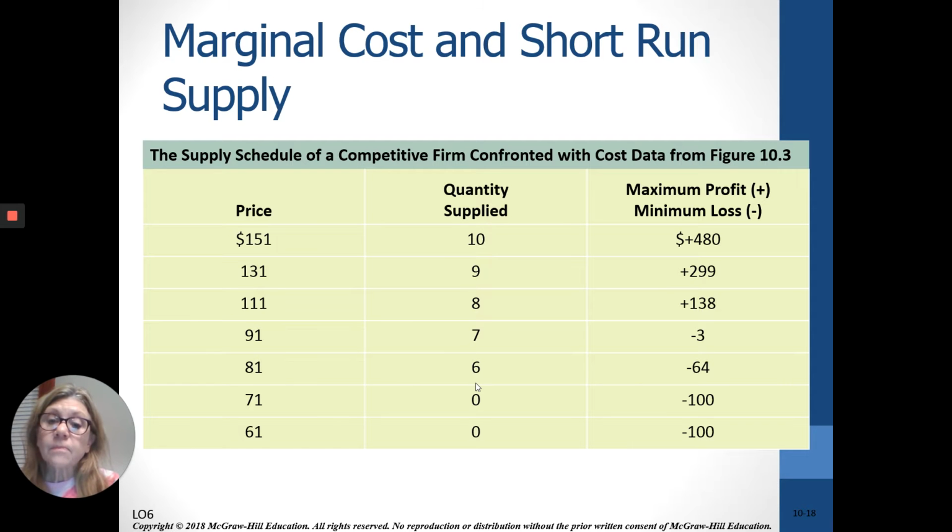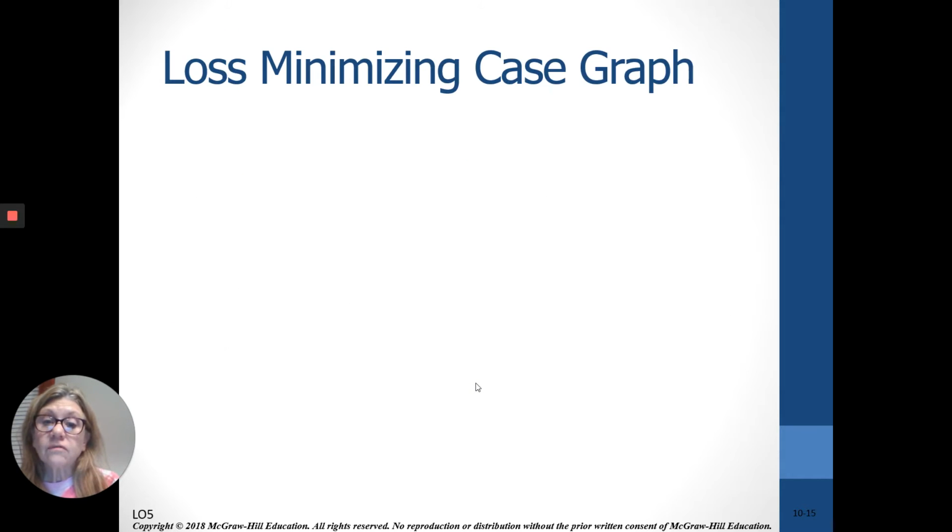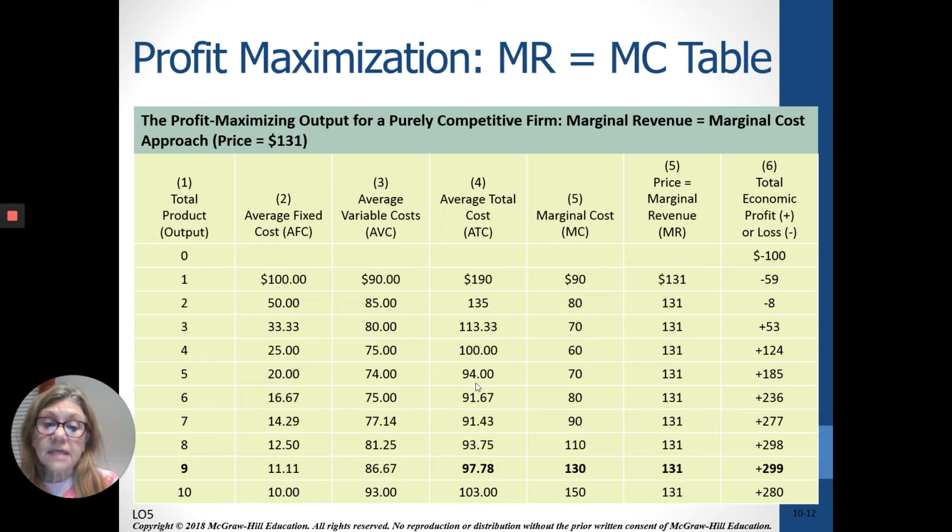Now, we're going to compare that 151. We're going back to this data. We see that if the price is 151, we're going to compare that to column number 5, marginal cost. 151 is closest to the marginal cost of 150, but it's still greater than 150.